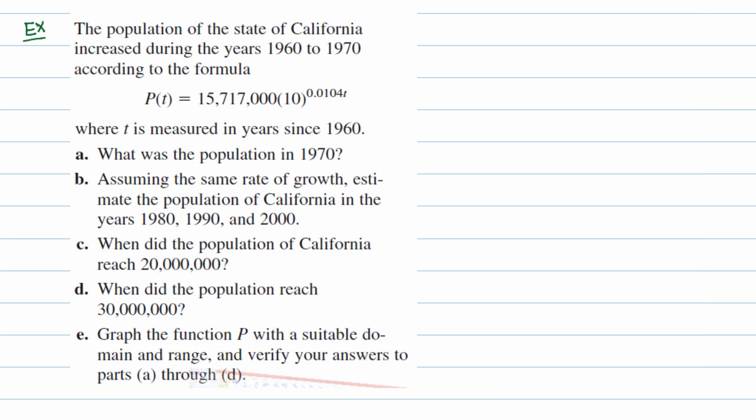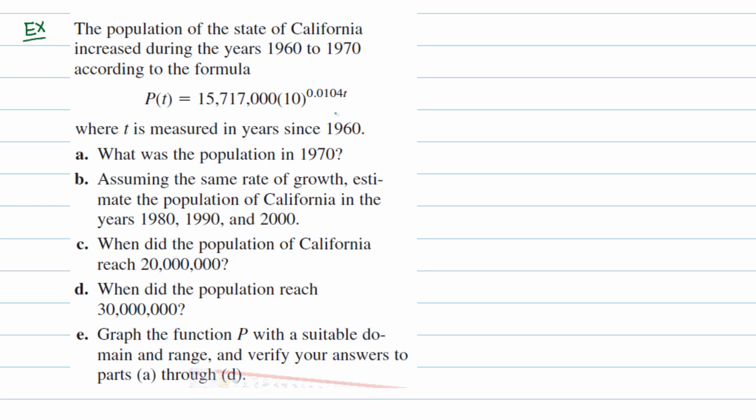Now, honestly, I find that problems that involve solving using exponential and logarithmic equations are the most entertaining because they usually are the ones that involve the most realistic information. So here, the population of the state of California increased during the years 1960 to 1970 according to the following formula.